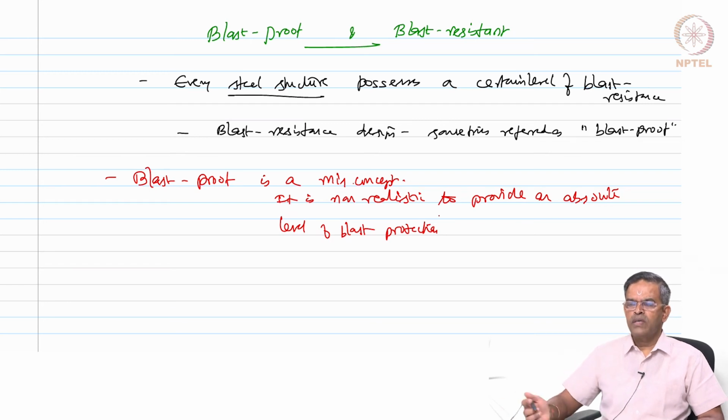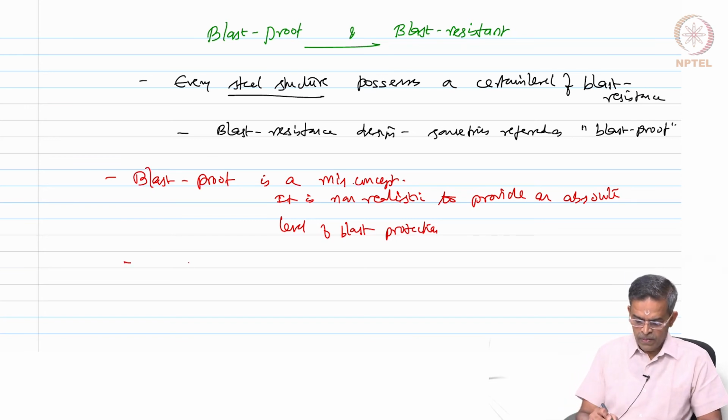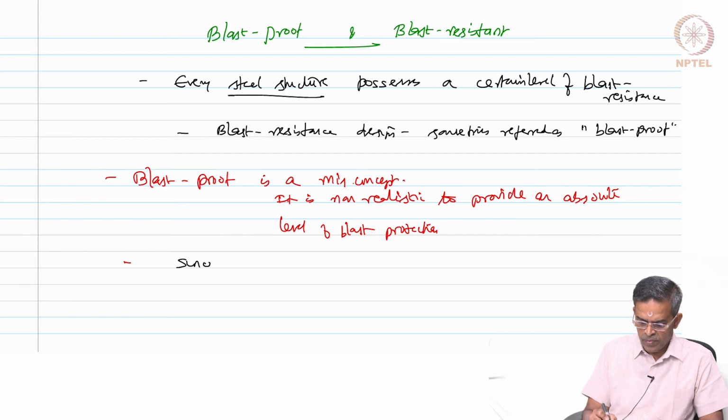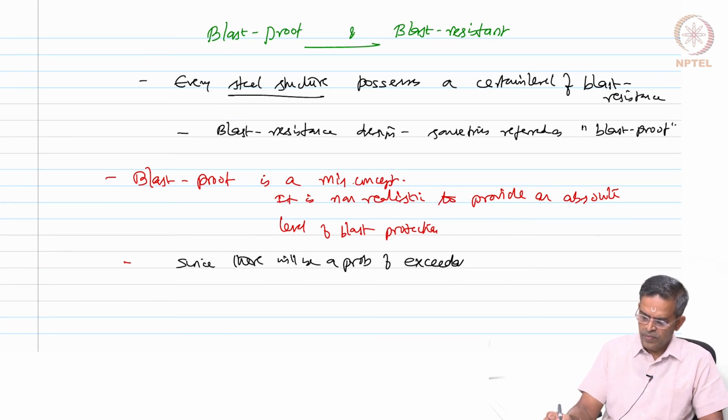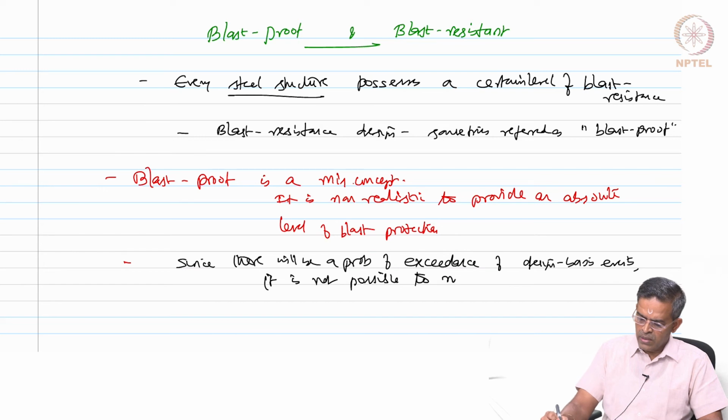There is always some probability that a design basis event can be exceeded, is it not? Since there will be a probability of exceedance of design basis events, it is not possible to make the structure blast proof.